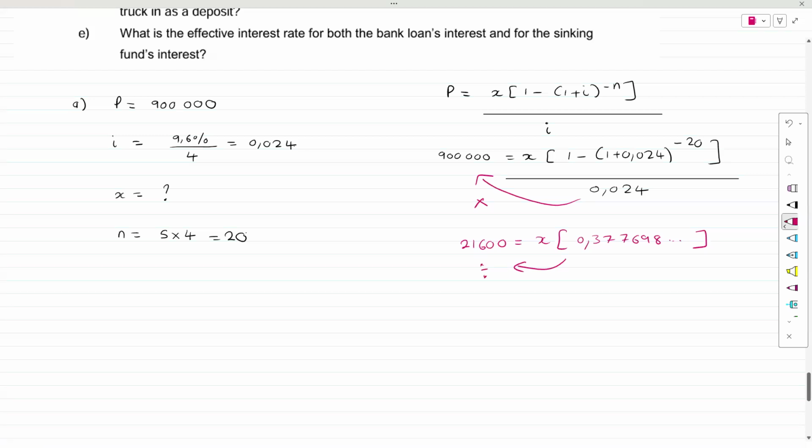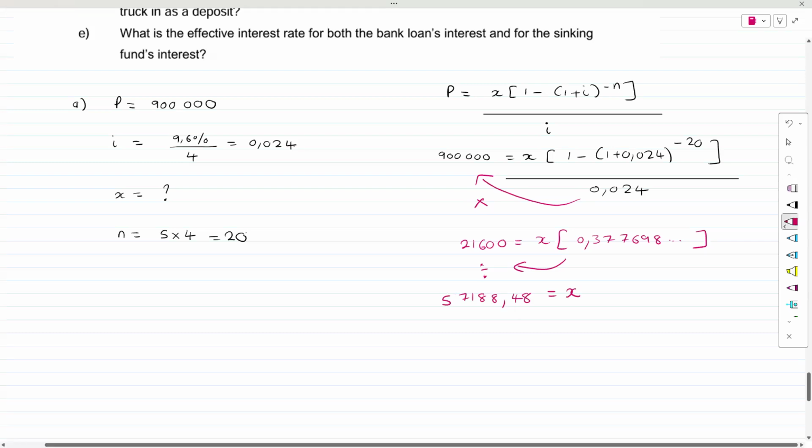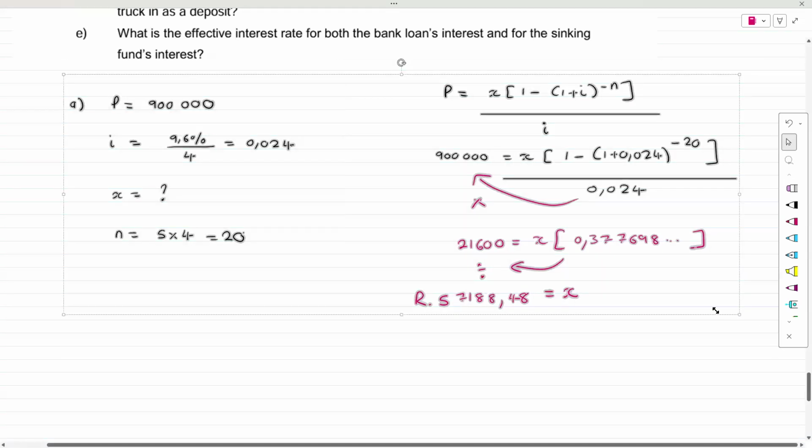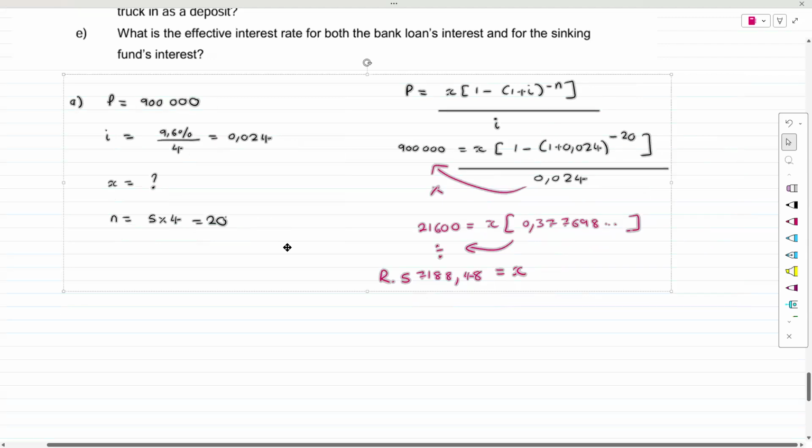So 21,600 divided by that answer, and X equals 57,188.48. So his payments are 57,188 Rand and 48 cents. This is a very fun number to pay, but yeah, we're done with that.